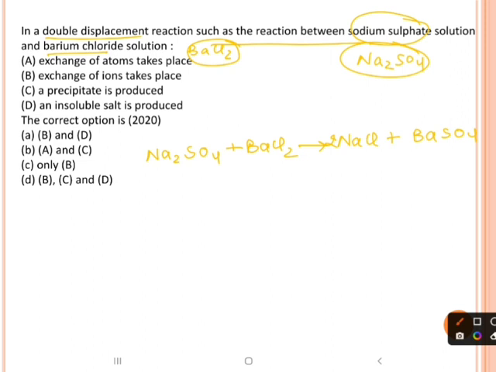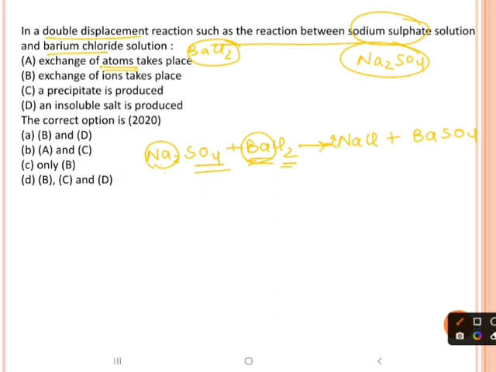What does this question say? Let us read: exchange of atom takes place. Now you see, are the atoms exchanging? Yes, sodium exchanged sulfate and barium exchanged its chloride, which means that somewhere or the other exchange of atom has taken place.